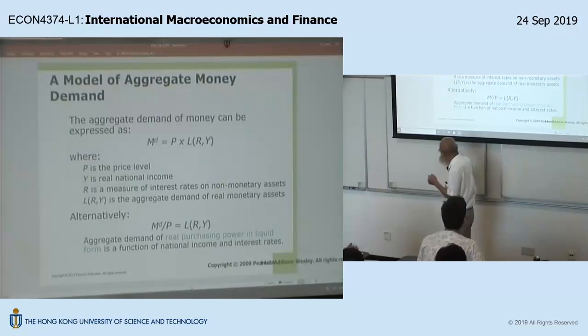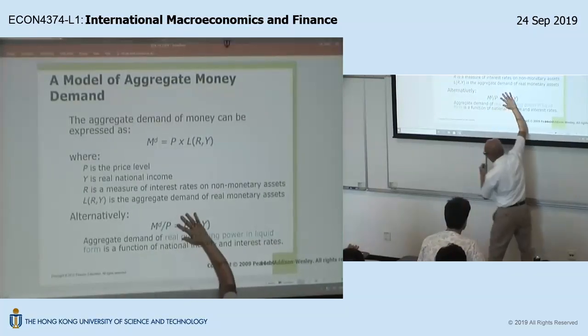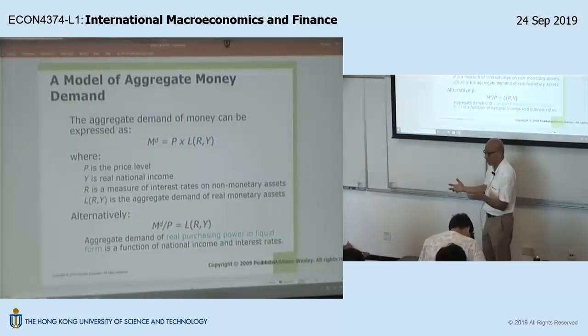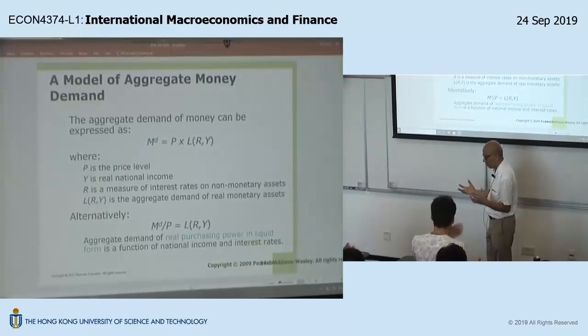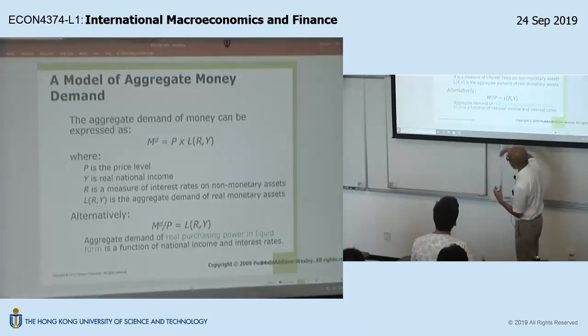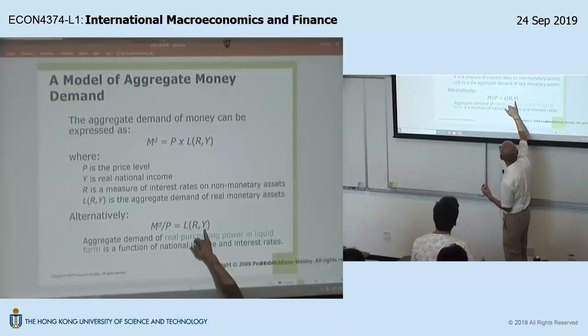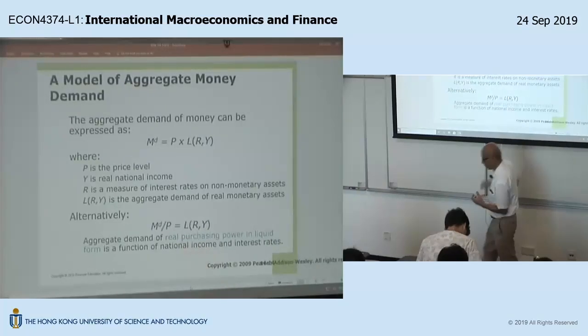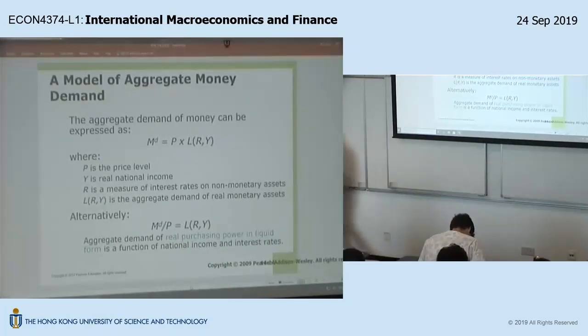So in other words, this is the demand. The economy actually demands this real purchasing power, this liquid real purchasing power. And this demand derives from the amount of transactions and also the opportunity cost of holding money. This is the real demand for real purchasing power.